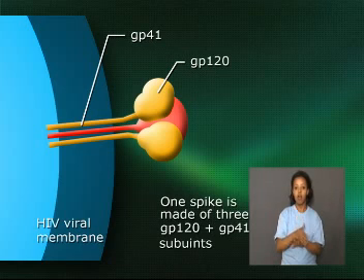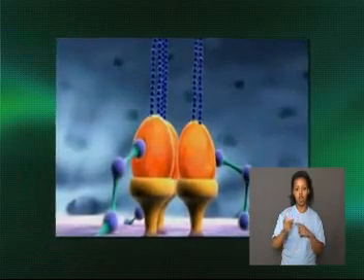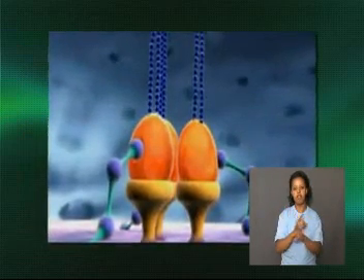This allows the GP41 protein, which is normally hidden by the GP120 proteins, to become exposed and bind to the receptor on the T helper cell. Once this has occurred, the HIV virion envelope and the cell membrane are brought into direct contact and fuse into each other.